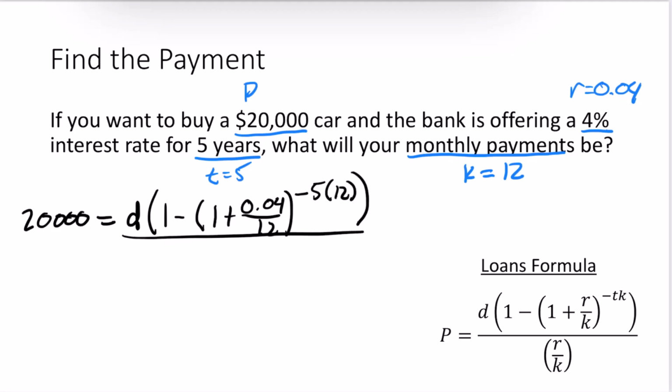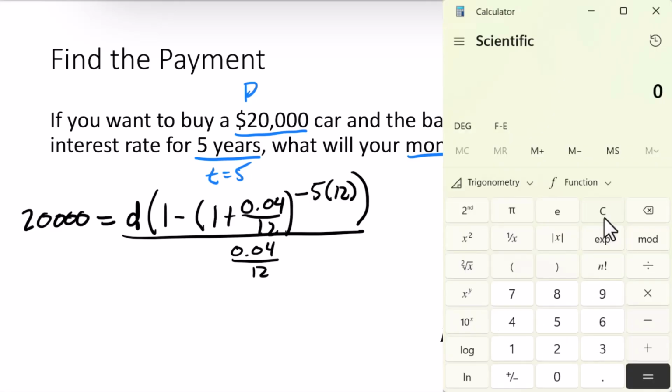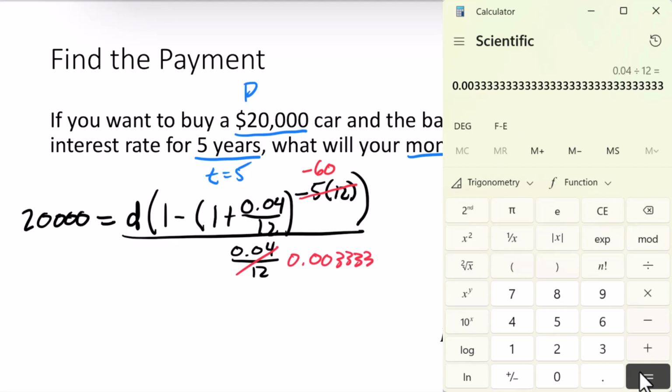And this whole thing is going to be divided by 0.04 divided by 12. So I'll go through and do my little mini calculations first. So -5 times 12 is -60. And then 0.04 divided by 12, that is going to be 0.00333. So I'll put that in there.